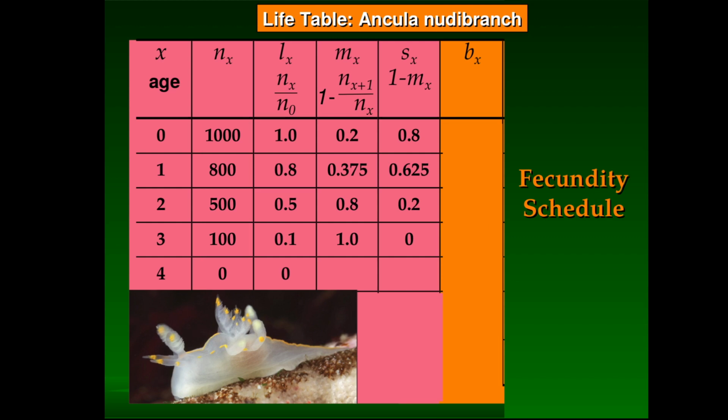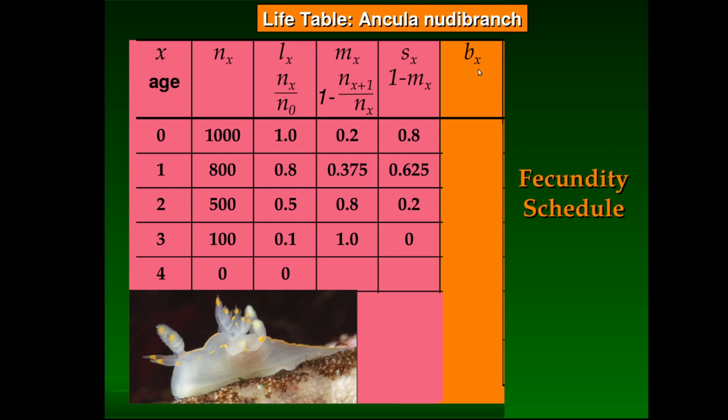The fecundity schedule is simply the average number of offspring produced by a female of each age. In our nudibranch, all individuals are hermaphrodites, so they're all females and males. So let's say this is our fecundity column. Fecundity, also called fertility, remember, is at age x.